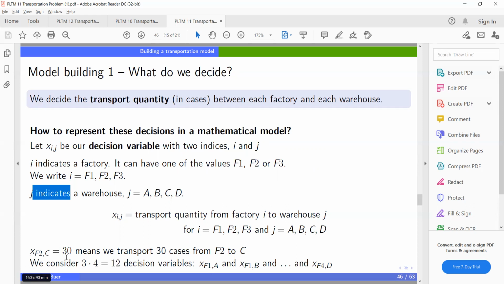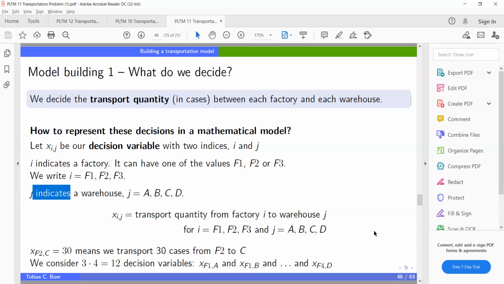It means we transport 30 cases from the factory 2 to the warehouse number C. And since we can transport from every factory to every warehouse, we have 12 different decision variables. We have 3 factories and 4 warehouses, so we have 12 different decision variables for this model.